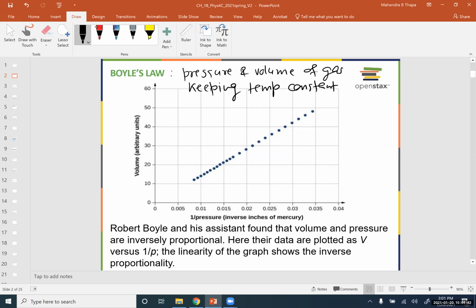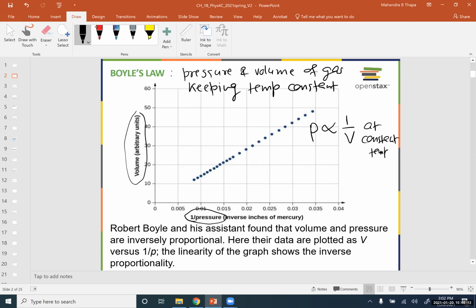Along the x-axis we plot 1 over pressure, and along the y-axis we put the volume. If we plot this, we get a straight line. This gives the idea that pressure is inversely proportional to volume at constant temperature.